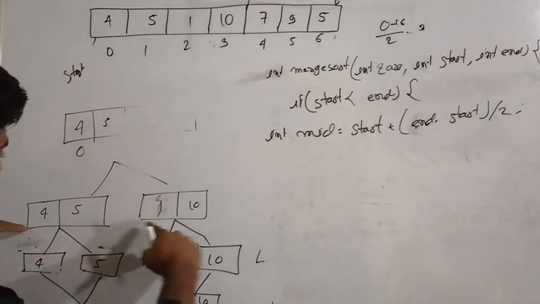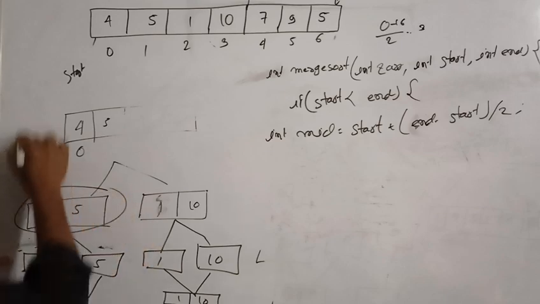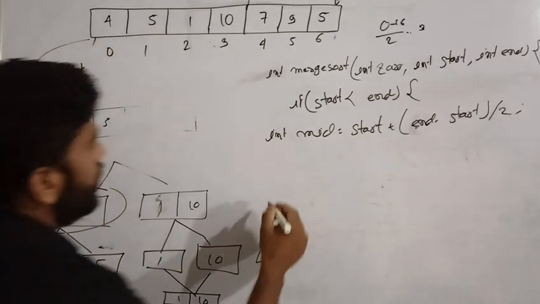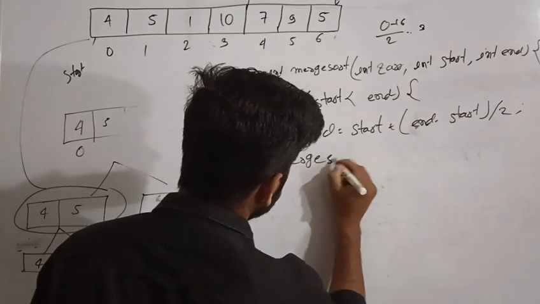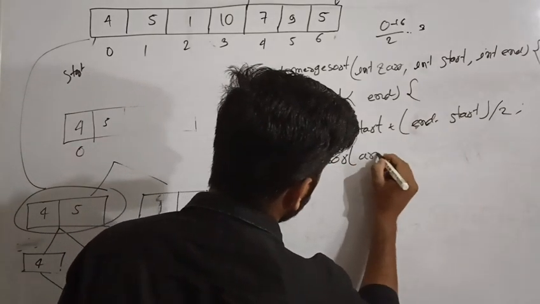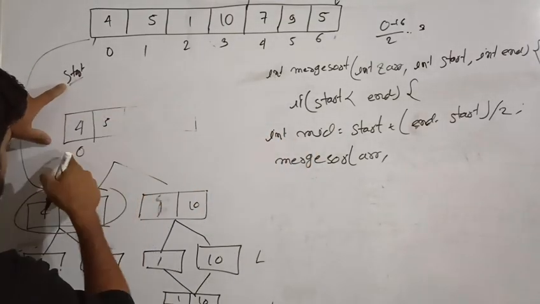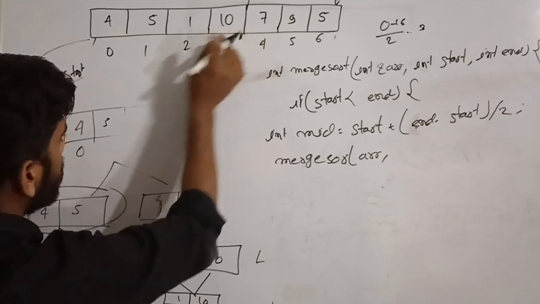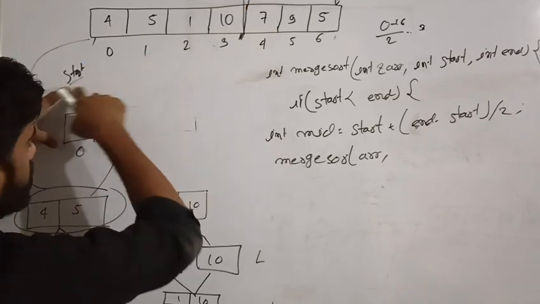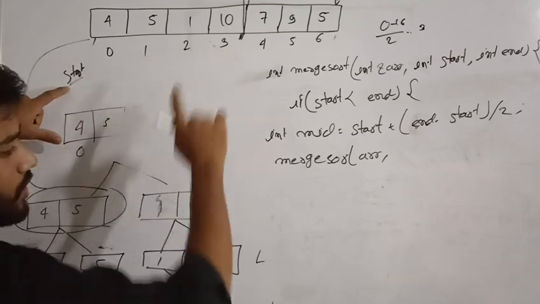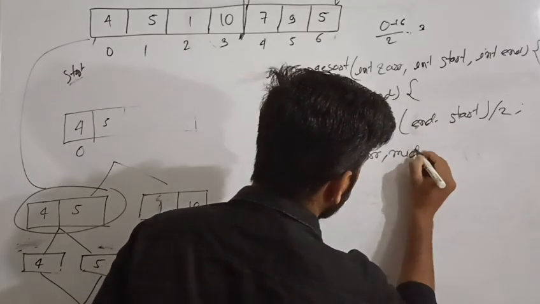Now recursively this part will call itself, means merge sort with the array, the start and this mid value. We have considered only this part, 0 1 2 3 only, means up to mid.